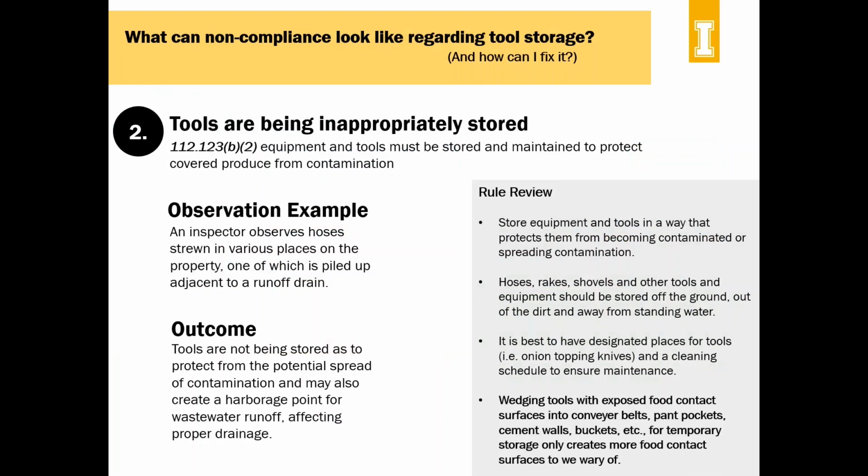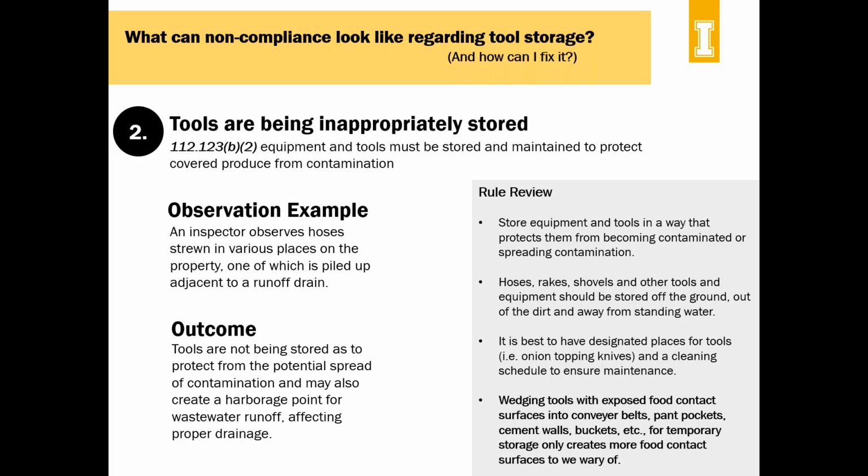So the next section related to this part of the rule is, for example, tools being inappropriately stored. This is related to section 112.12(b)(2): equipment and tools must be stored and maintained to protect covered produce from contamination.